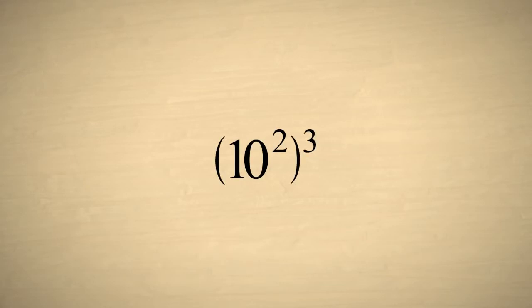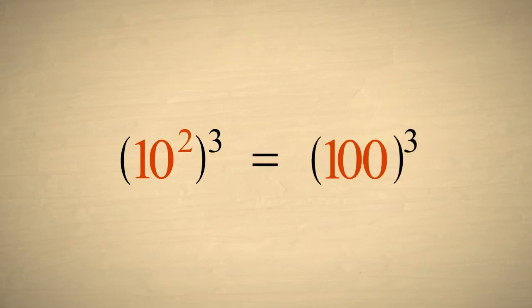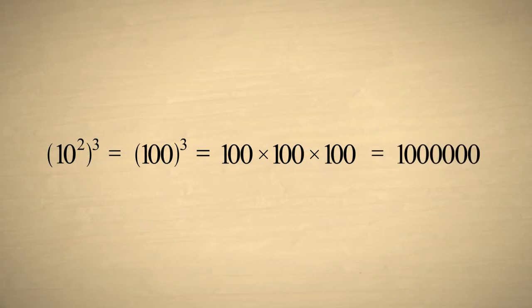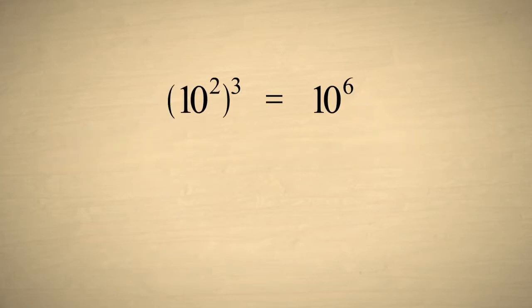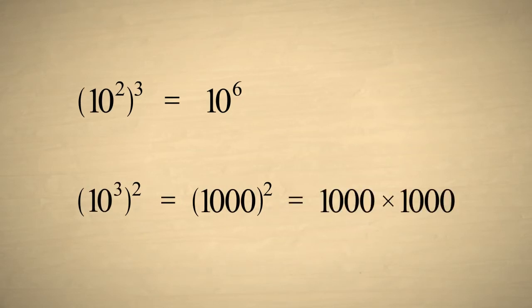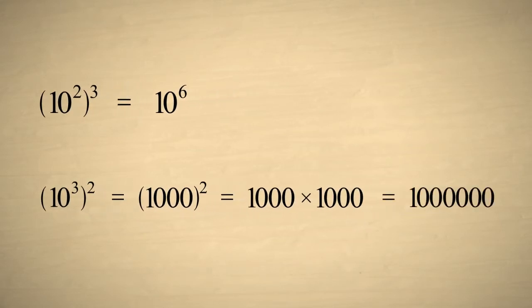For example, if we take 10 squared and cube it, this is the same as 100 cubed. And 100 times 100 times 100 is 1 million, which is 10 to the 6th power. Likewise, if we take 10 cubed and square it, this is the same as 1,000 squared, and 1,000 times 1,000 is 1 million, or 10 to the 6th power.